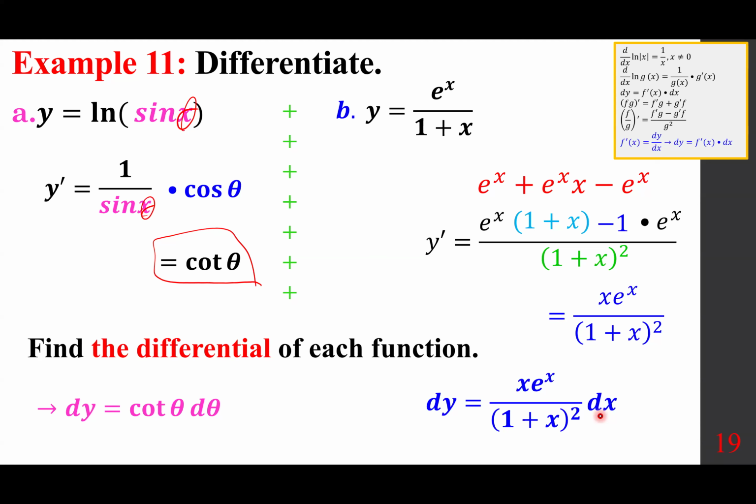So we want to pay attention to the variable. In this case, we use theta, and so d theta. And in this case, the independent variable was x, so we use dx.